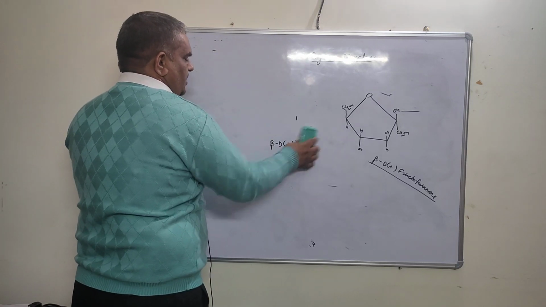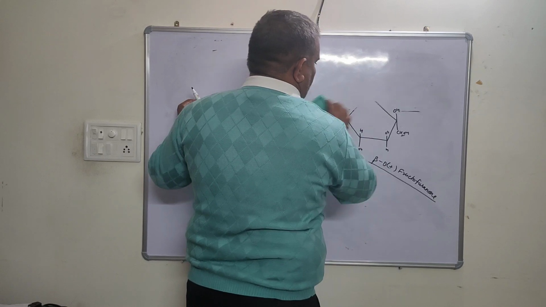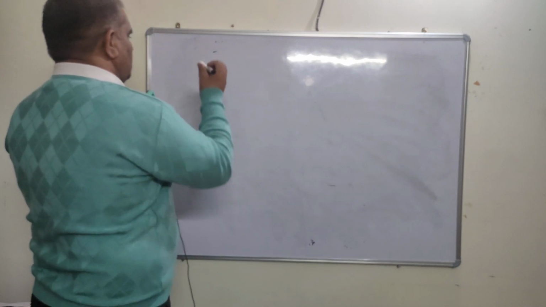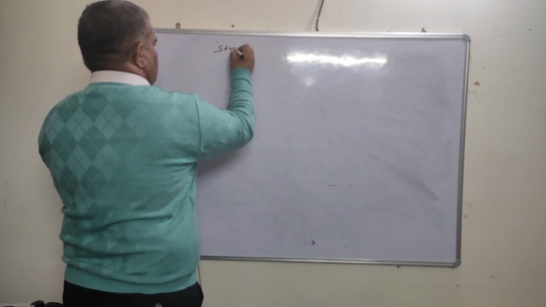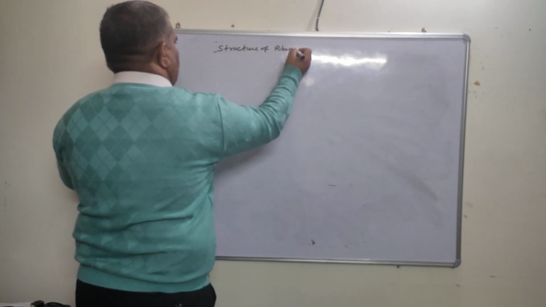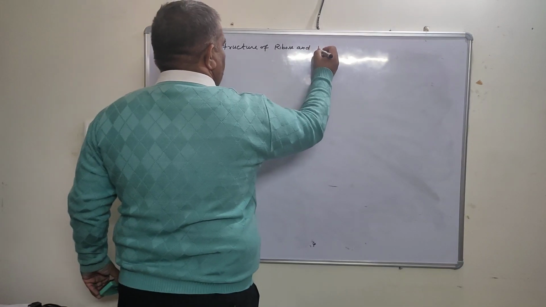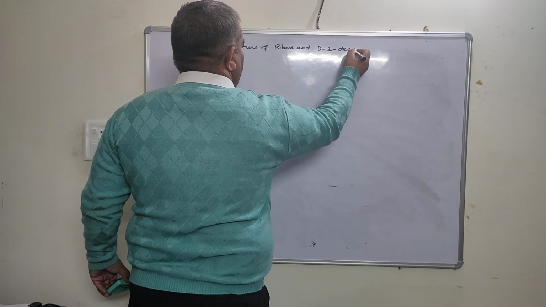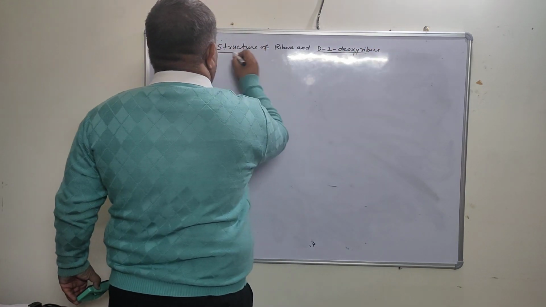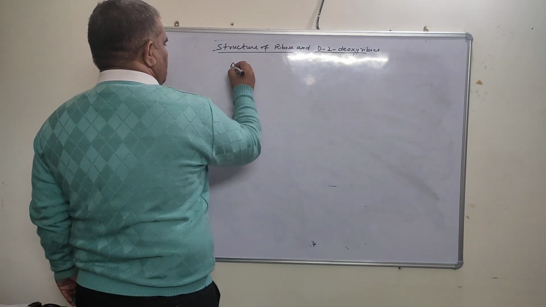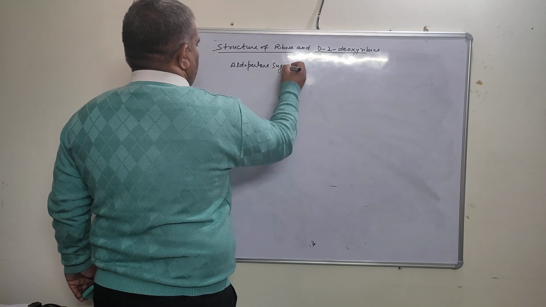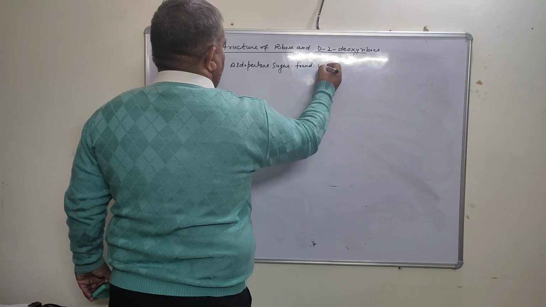Next is the structure of ribose and deoxyribose. It is an aldopentose sugar found in nucleic acid.